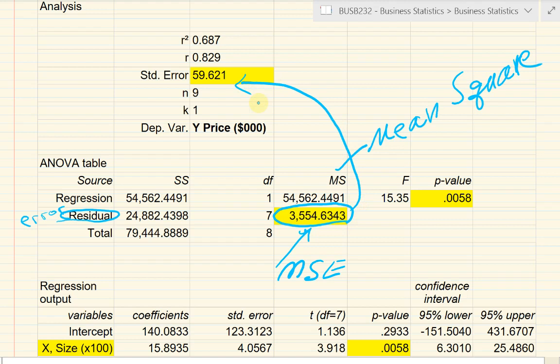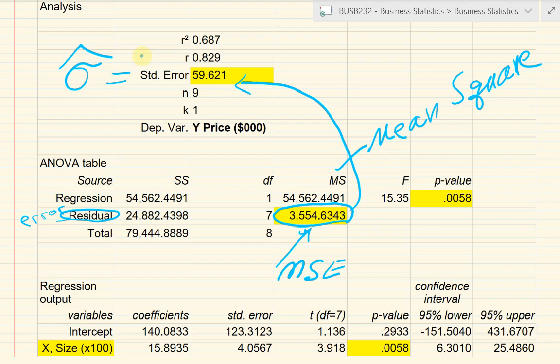Okay, so you can try it if you have a calculator. Take the square root of 3554.6343. You're going to get 59.621. Remember the standard error, the common deviation for those normal distributions. Put a hat on it. This is an estimate of those common deviations in the population.